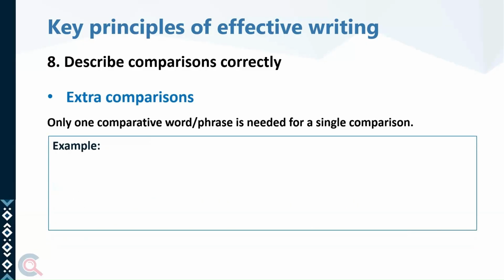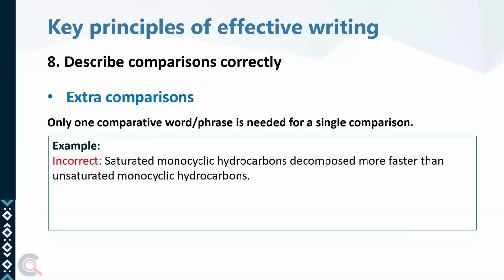There are also extra comparisons. Extra comparison is the use of more than one comparative word in a sentence. We need just one comparative word in a sentence when making comparisons. For example, "Saturated monocyclic hydrocarbons decomposed more faster than unsaturated monocyclic hydrocarbons."